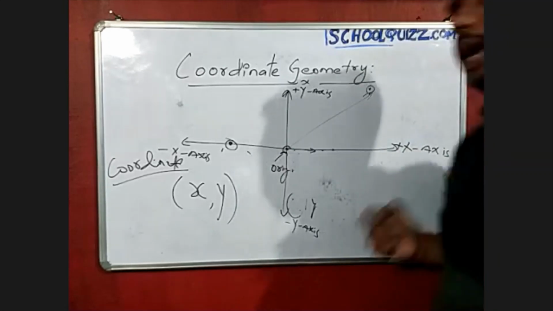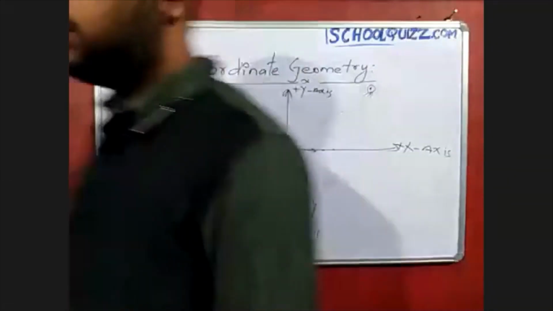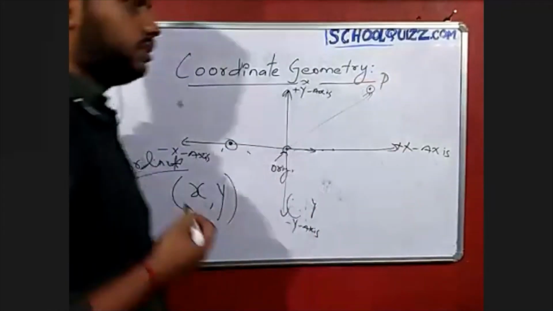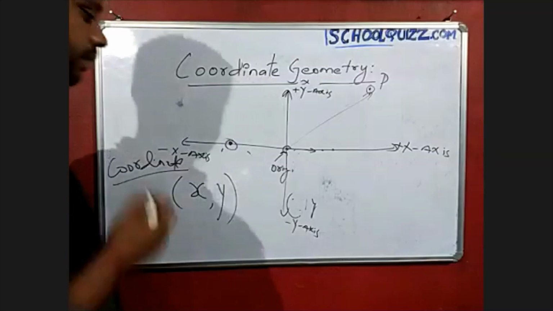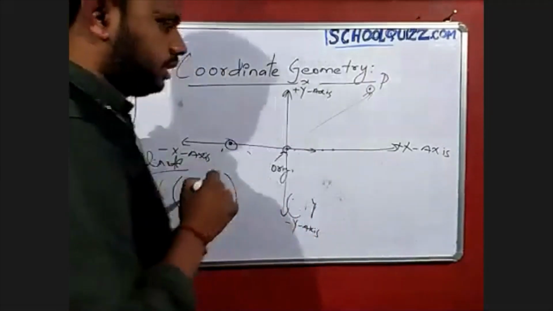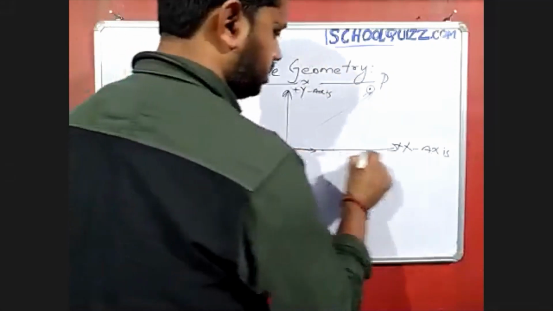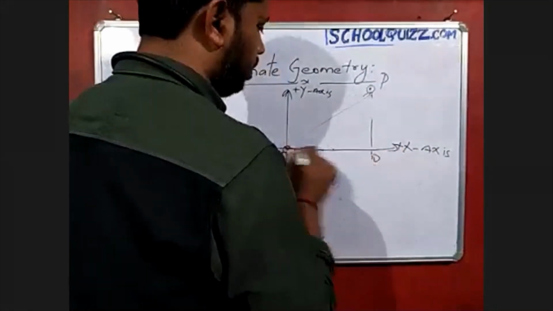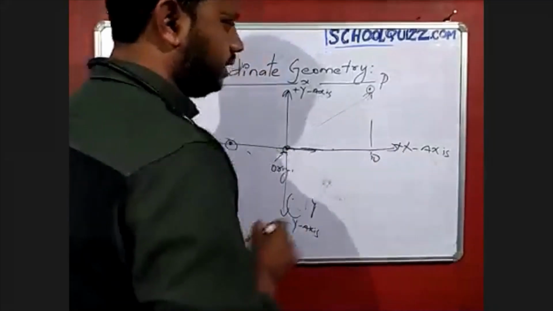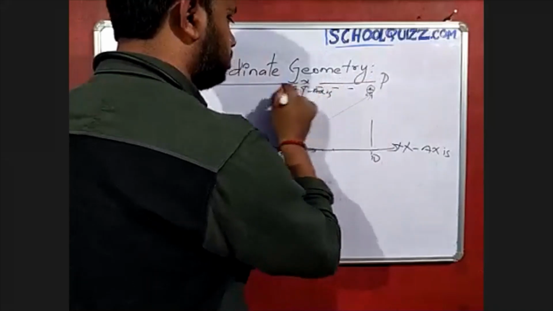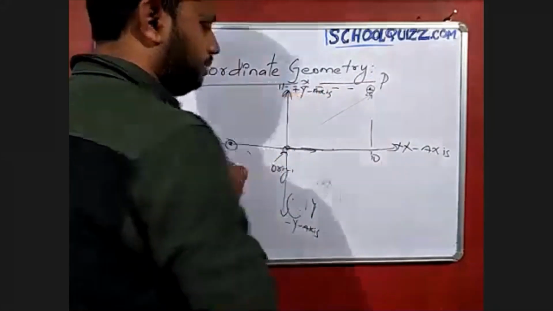Suppose I want the exact location of a point P. I check how much I move along the x-axis and y-axis. Suppose the point touches 10 on the x-axis, and on the y-axis somewhere it is plus 11.